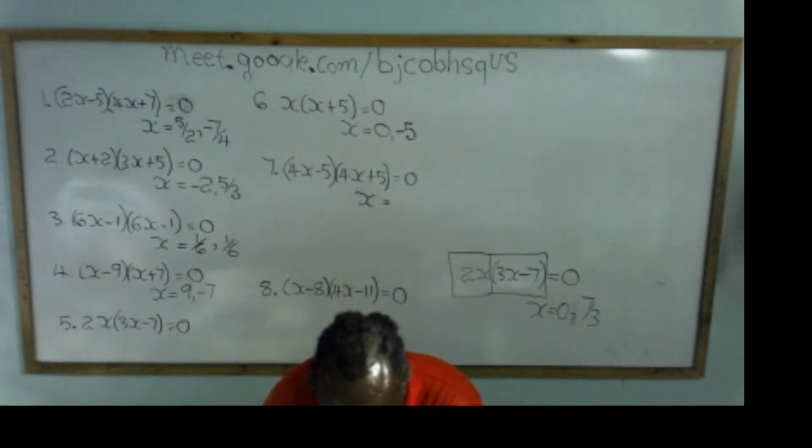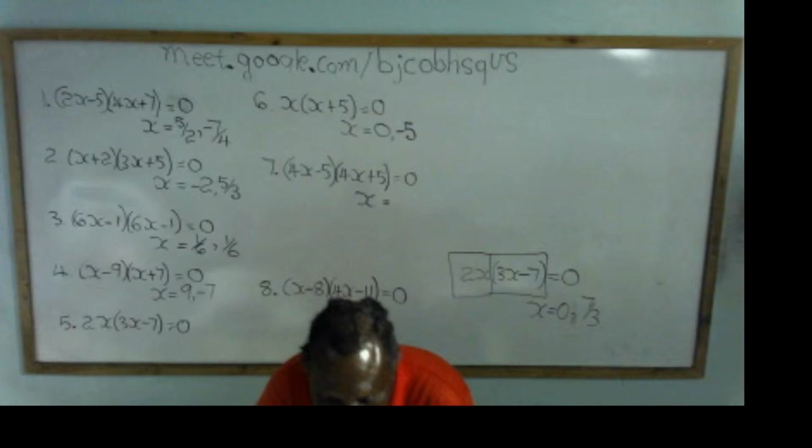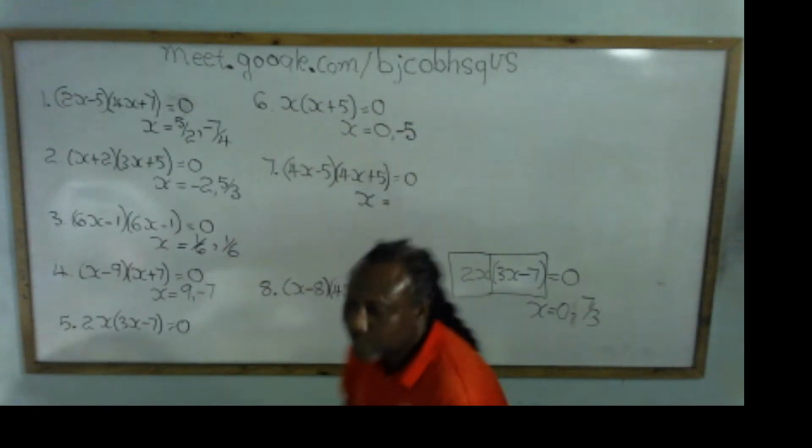Zero and 7 over 3. We have done that one already. So let's continue with this one.